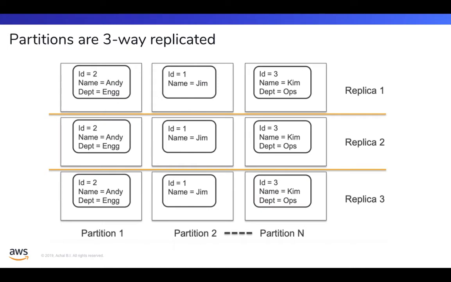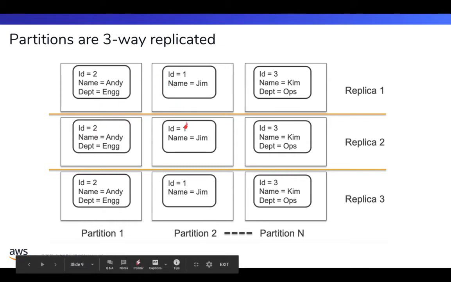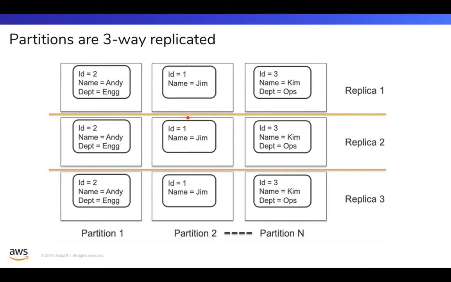Any partitions, any items are replicated in three different availability zones, or three-way replicated. So if you see the example, if you take ID equal to 2, it is placed in three different replicas.